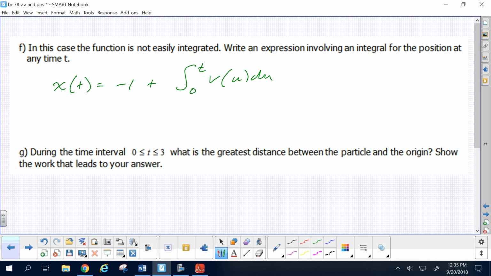The distance, that is the definition of absolute value: how far a quantity is from the origin. That's what it's defined as. So when I say what's the greatest distance between the particle and the origin, we're looking for the greatest x value, velocity value, acceleration value, time value, what? What would represent the greatest distance from the particle to the origin?